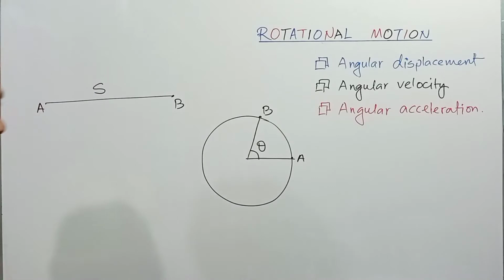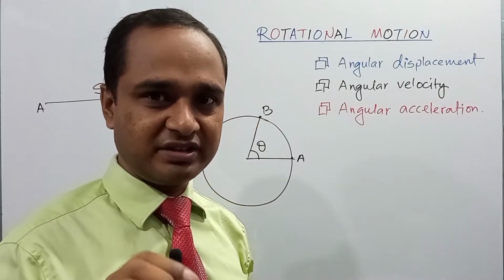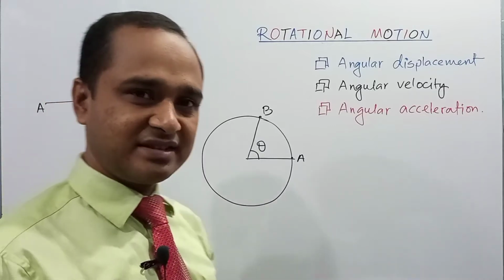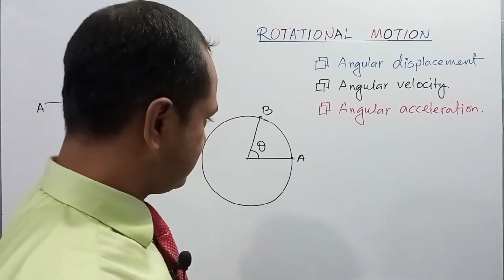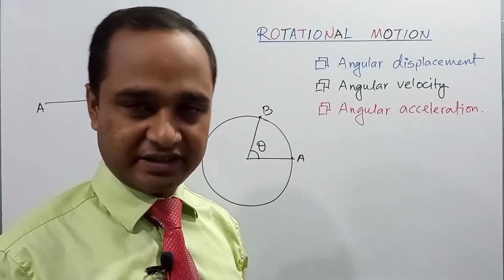Here the unit of the linear displacement S is meter, but the unit of the angular displacement can be expressed in degree or radian. For more convenience in most math and discussion, we will use the unit of theta as radian, right?